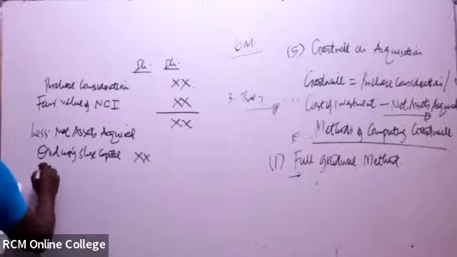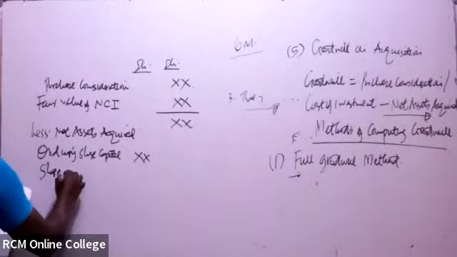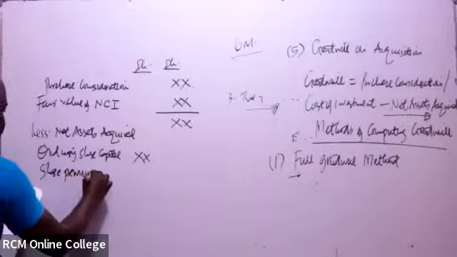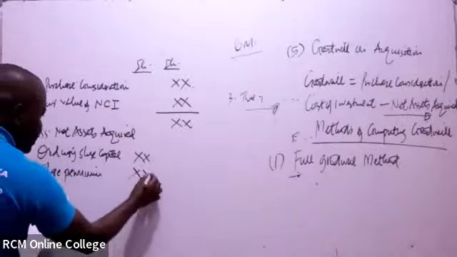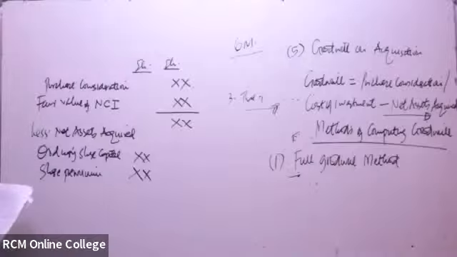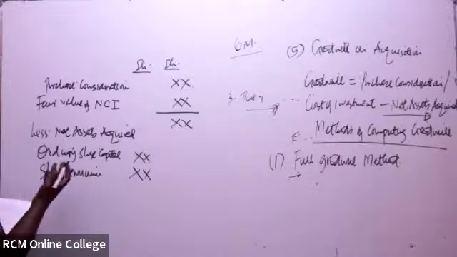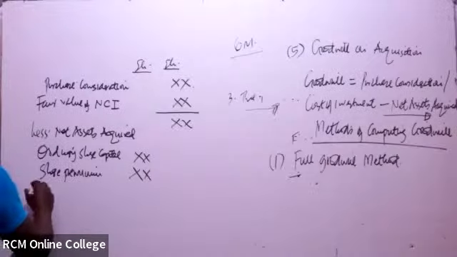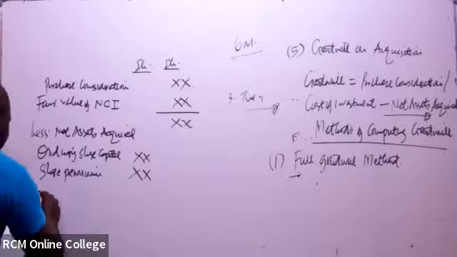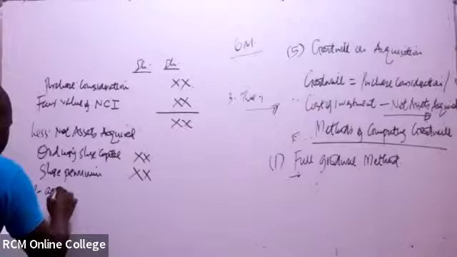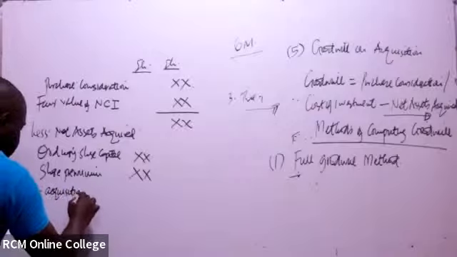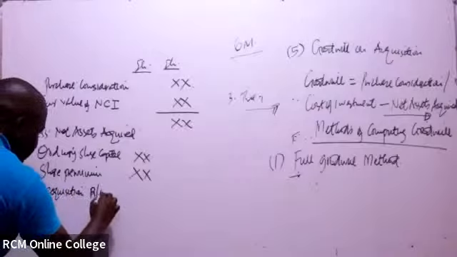You'll also see share premium. Bring it the way it is here. Then these ones will not actually be there, but you'll have to consider them. So you'll have pre-acquisition retained earnings.